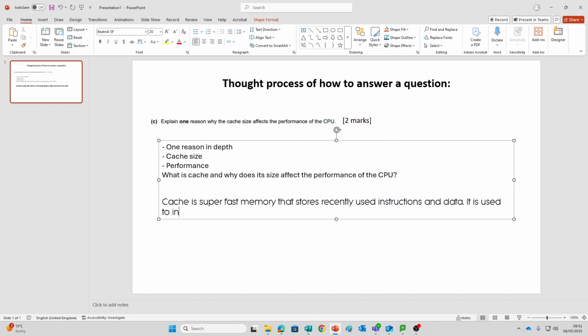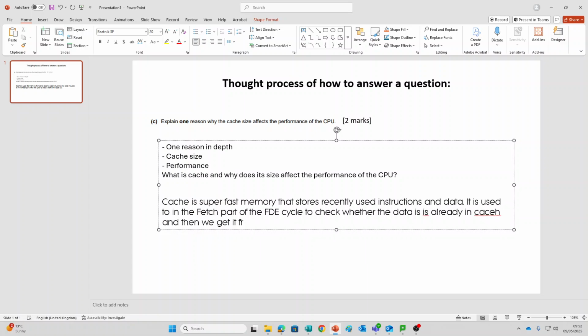It is used in the fetch part of the FDE cycle to check whether the data is already in cache, and then we can get it from there as it is faster than main memory. Now that does seem like a lot, but I've only answered the first part.